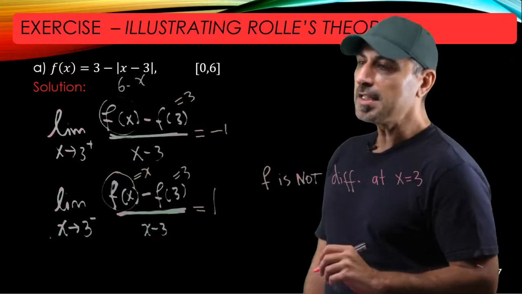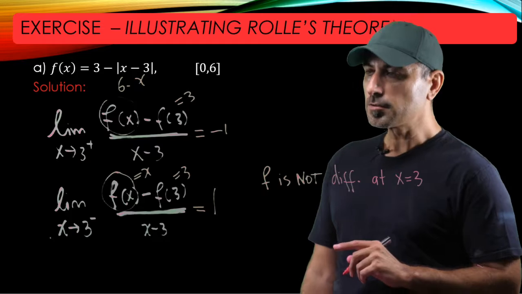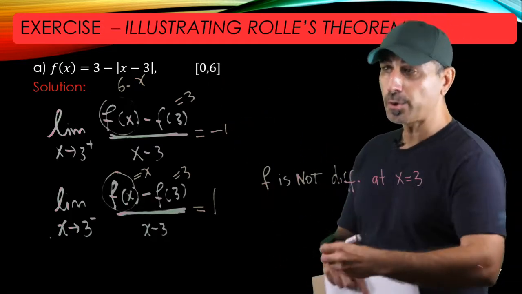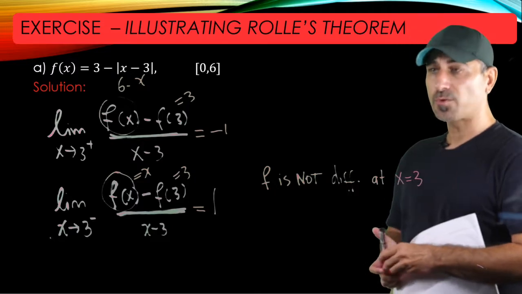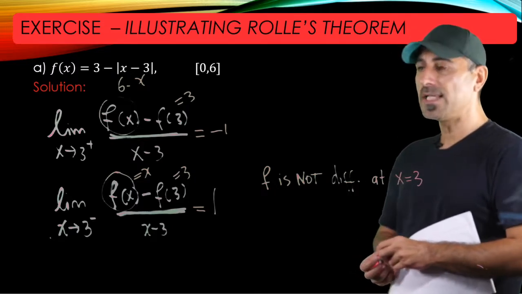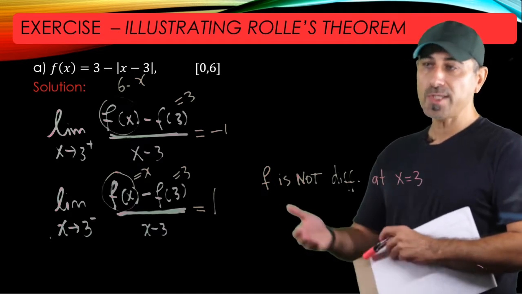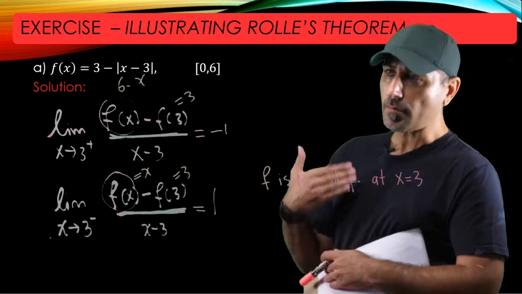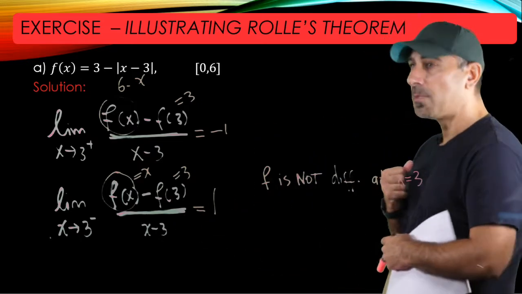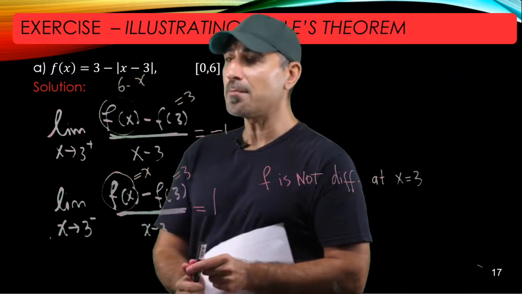What that means is that one of the conditions of Rolle's theorem fails to hold, because 3 is an interior point, and we want f to be differentiable at all interior points of the interval 0, 6. So we cannot apply Rolle's theorem; we can't get the conclusion of Rolle's theorem. But we can still check if there's any point for which f prime is 0.